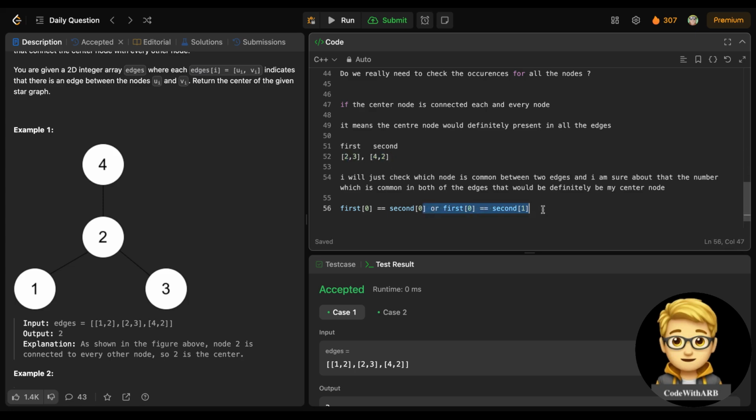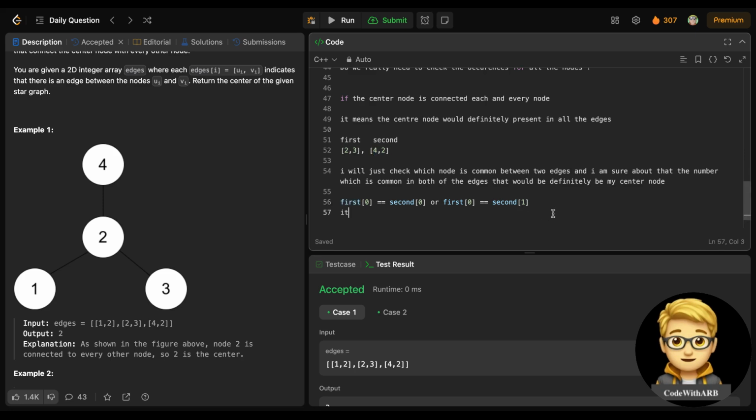If any of these conditions happens, it means that element will be my center node, because it is equal to one of the nodes of the other edge. It means the first will be my center node, right? Center node.